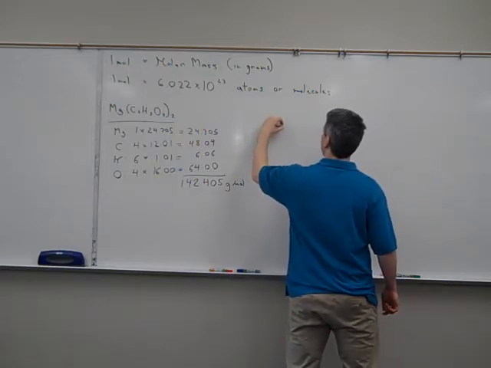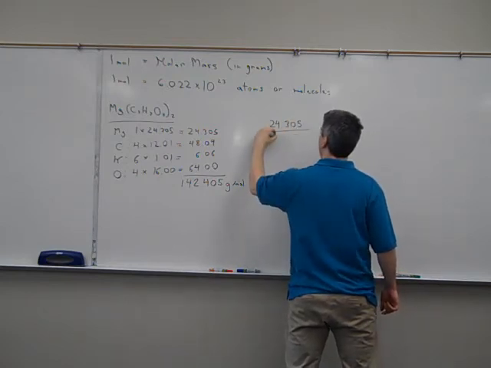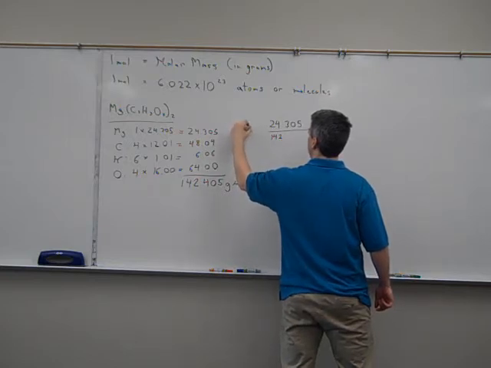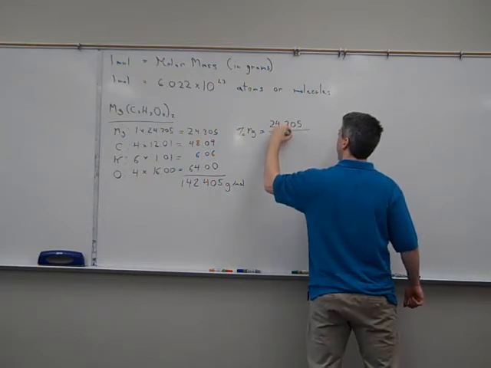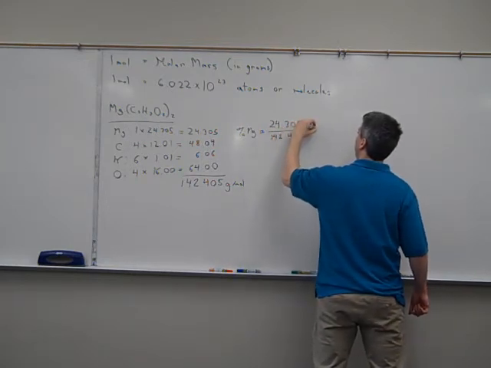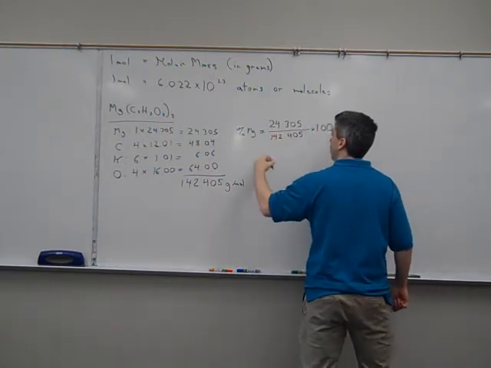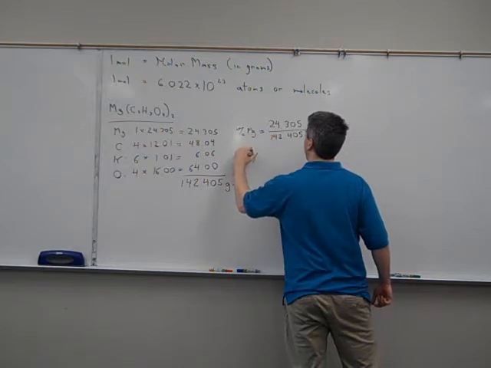Then 24.305 divided by 142.405, and this is our percent magnesium. And then our carbon.